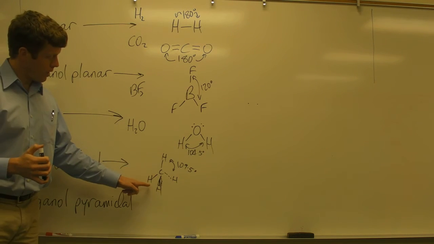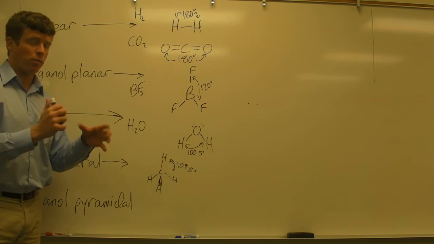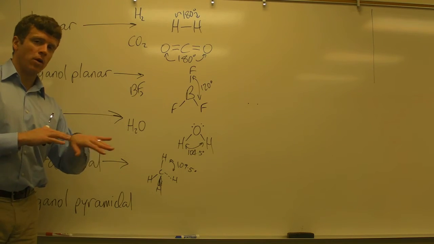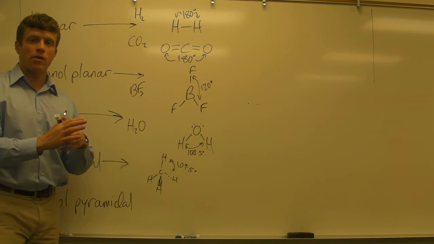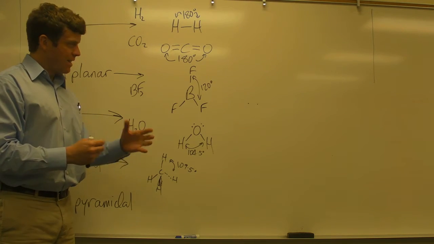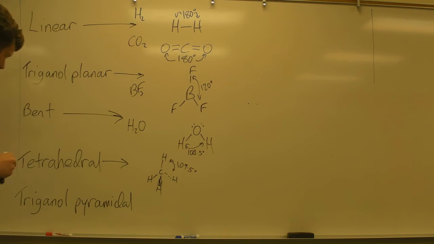Remember that the way we show a molecule like this that's actually in 3D, or in more than one plane, is that this hydrogen would be coming out towards you, and this hydrogen will be going back into the board. The tetrahedral structure isn't all flat and in one plane, right? But we represent it like this.